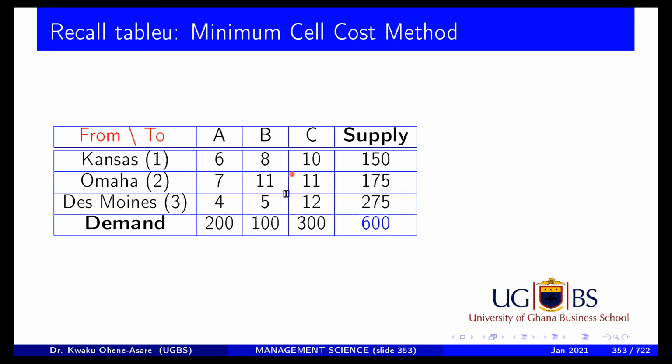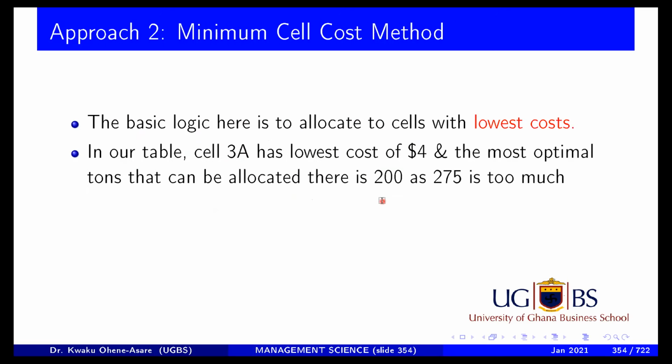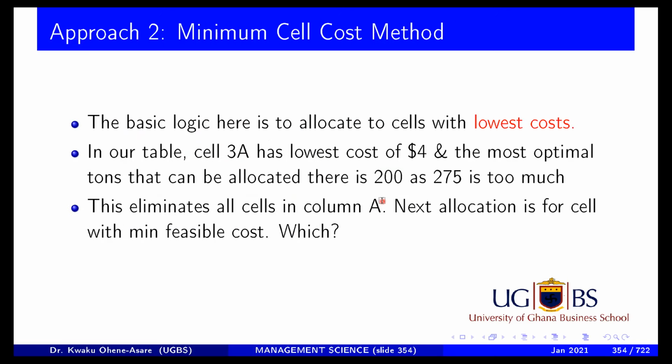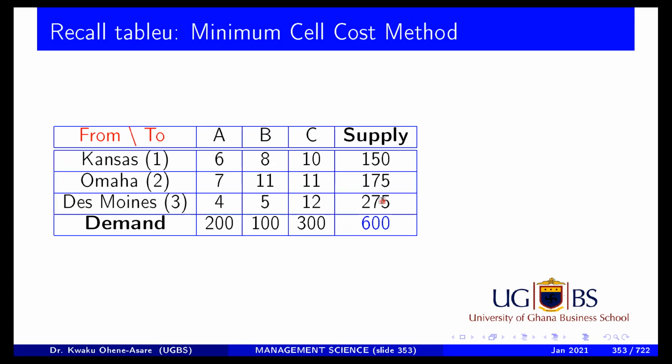We now look at column B and see whether the leftover can be given to column B. And so the next allocation is for cells with a minimum feasible cost. Even if the next one here was 5, you cannot send it to that 5 because column A has been taken.